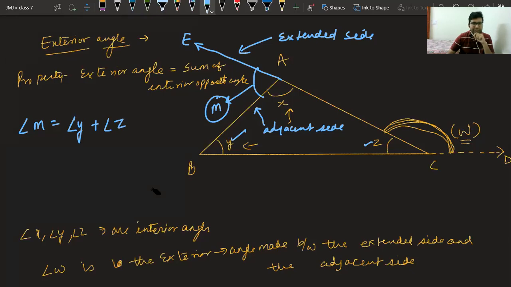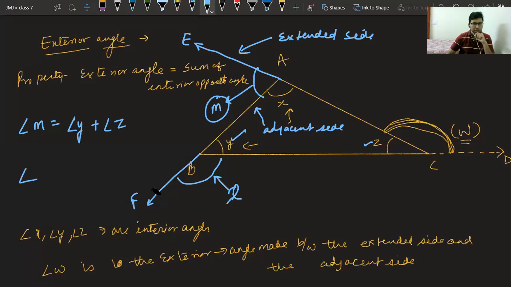Similarly, if I extend this line AB to point F, this will be your exterior angle, which I take as L. If I take this angle as L, can you tell me what is the relation?